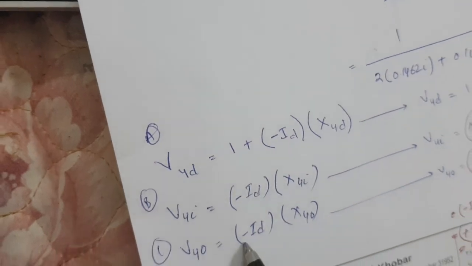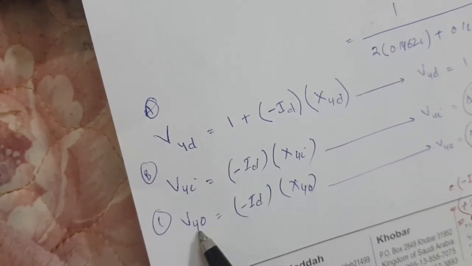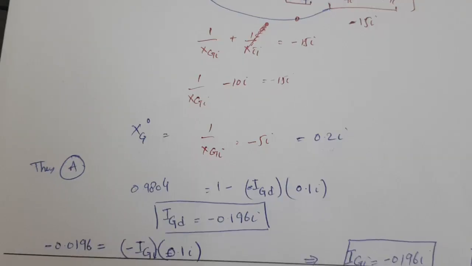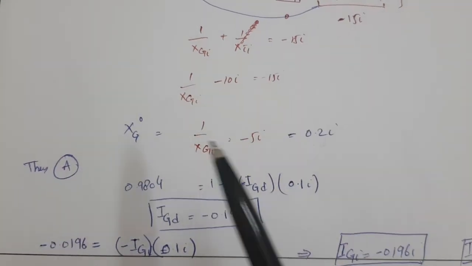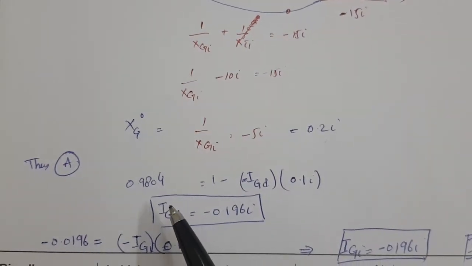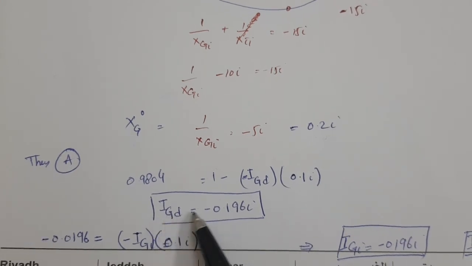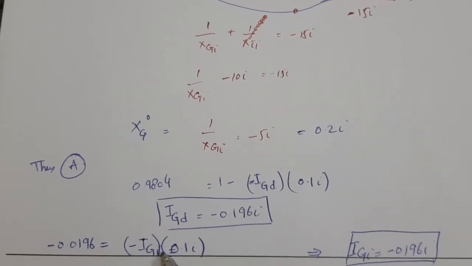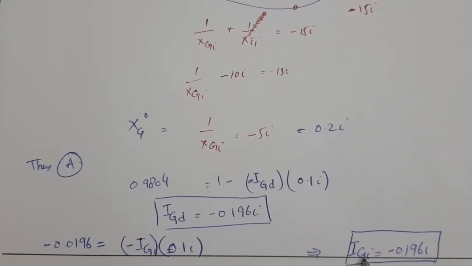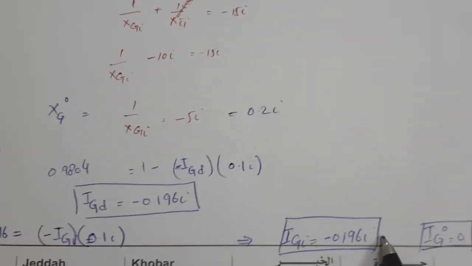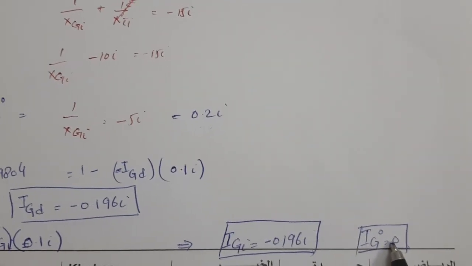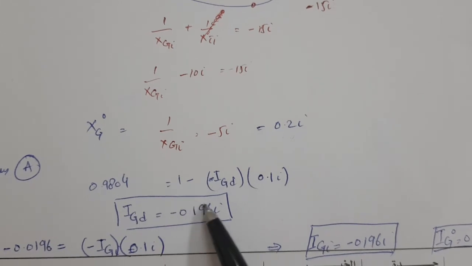I0 is already 0 because in this case V4 is 0. So here I have calculated the values Igd, this one, and Igi, g means generator, this one, and Ig0 is equal to 0.